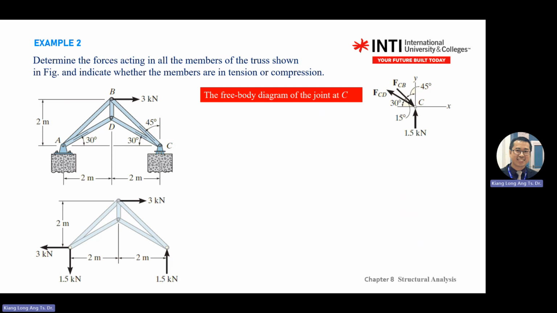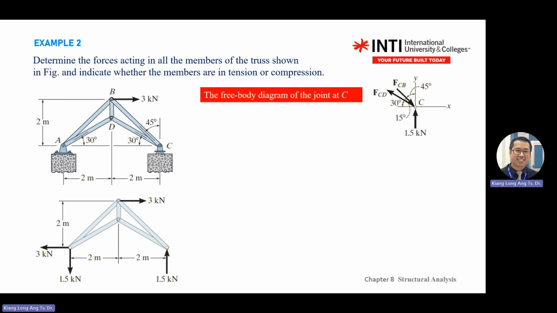So how do you know whether it's pointing in or pointing out? You imagine you are the pin C. If you're pulling from pin B, you feel this member BC pressing you. When it's pressing you, the arrow is pointing to C. This one, you know that BD will rotate to the left.